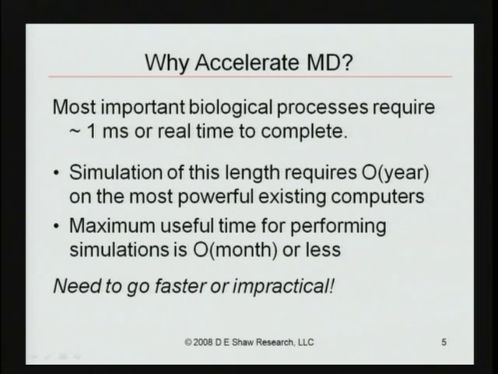Now, that's really quite problematic, because if you run molecular dynamics software on any supercomputer that exists today, such as Blue Gene or Roadrunner, running a 1 millisecond simulation will take on the order of a year, actually several years, to complete. And I don't know about you, but I can't wait a year or more for my simulations to get done when I'm designing something.